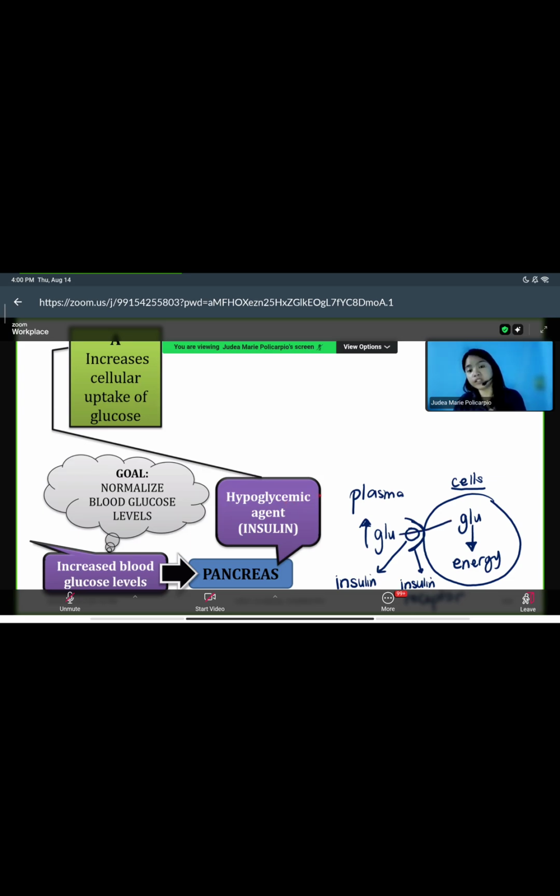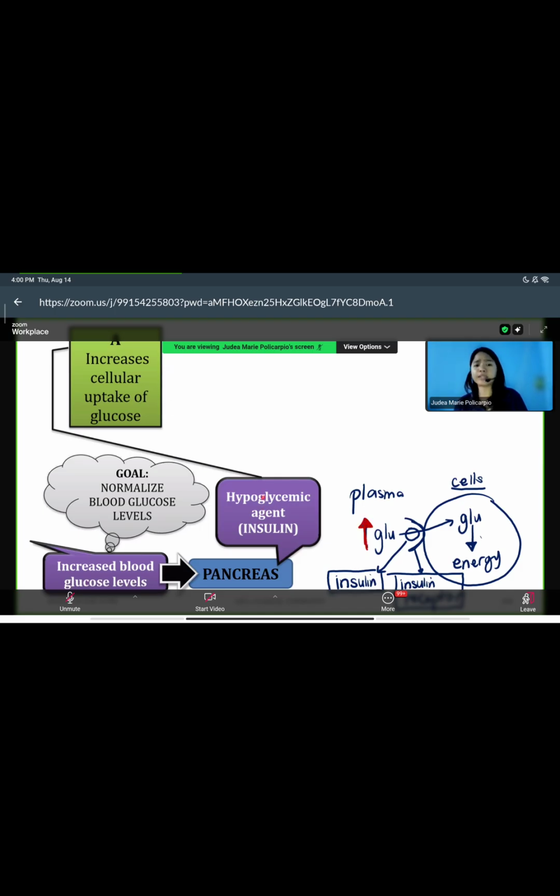Makakapasok na si glucose sa loob ng cell. Bababa na ngayon yung glucose natin in the plasma. So yun pala yung action ng insulin, no? At para magawa pala ni insulin yan, kailangan mo hindi lang ng insulin, kailangan mo rin ng insulin receptor. Now, here comes the problem. May mga tao kasi na tumataas yung glucose nila sa plasma.